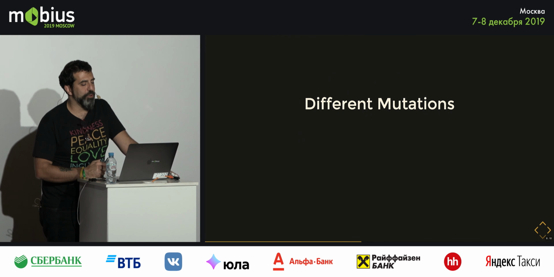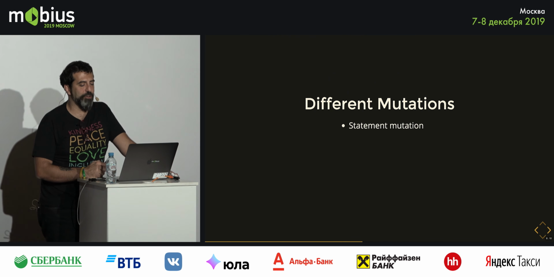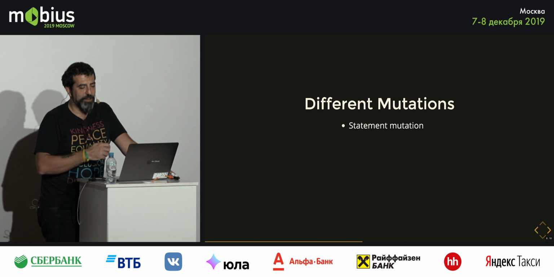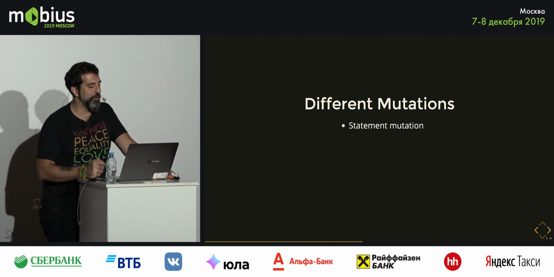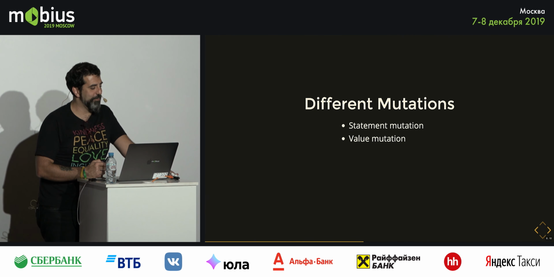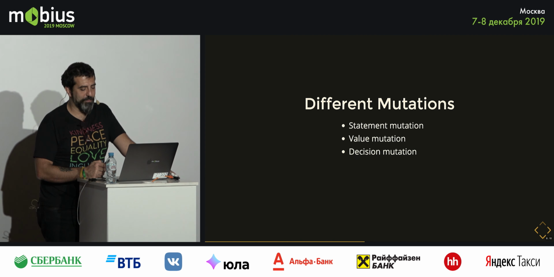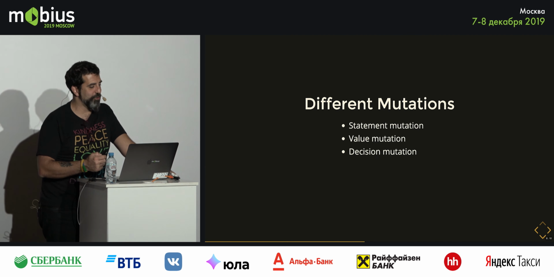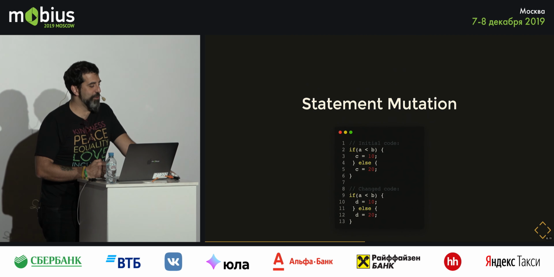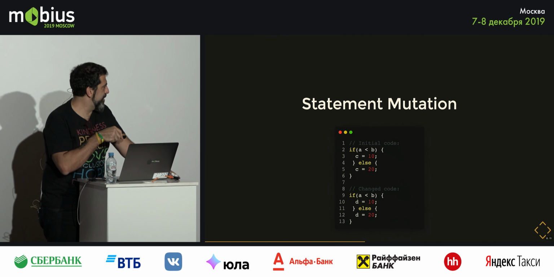You can have different mutations. You can have statement mutations. That means that the mutation framework can cut and paste part of the code wherever it wants. You can have value mutation, which is pretty intuitive. Decision mutation is changing the operator that makes a condition true or false, and so on. Statement mutation. This is pretty brutal.